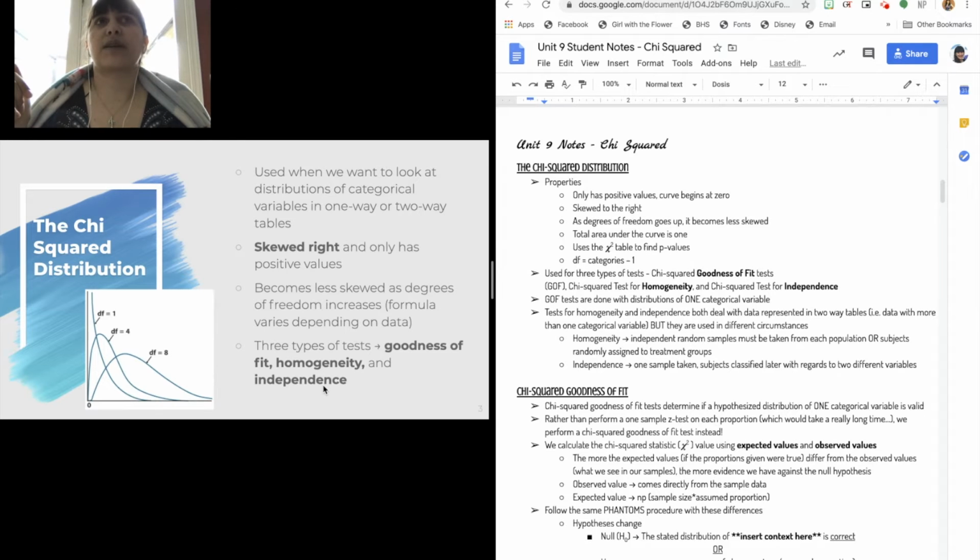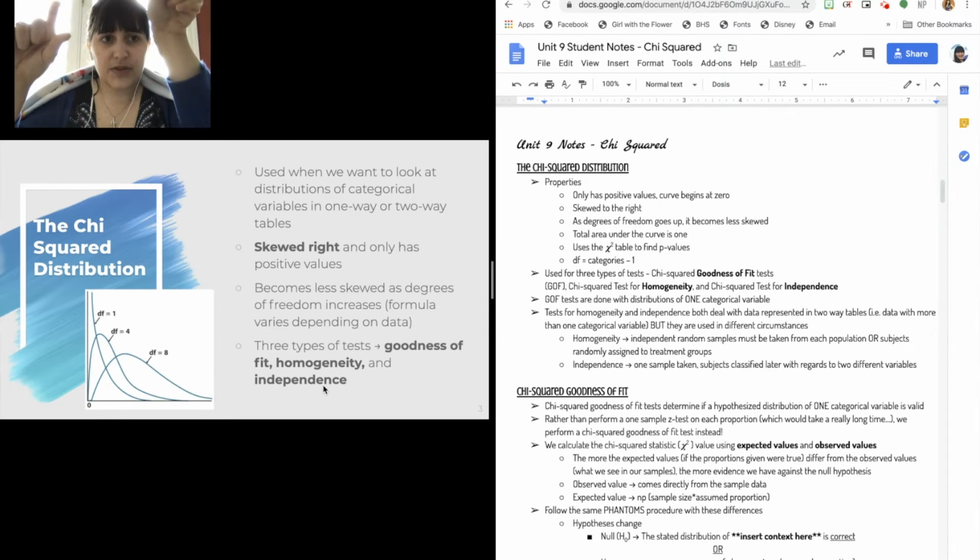So say, for example, you were looking at 3 different restaurant locations and 3 different menu items. There are 3 categories across the top of the two-way table and 3 categories along the side. So those would be homogeneity or independence.